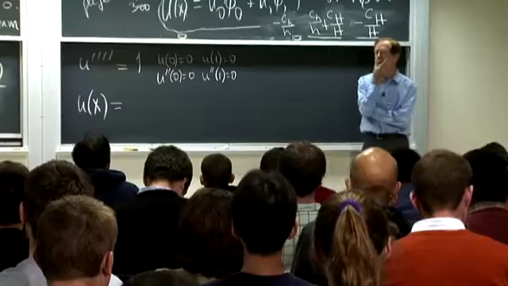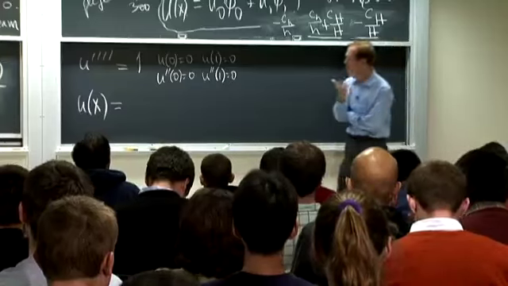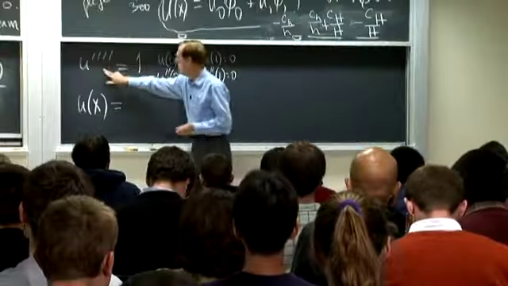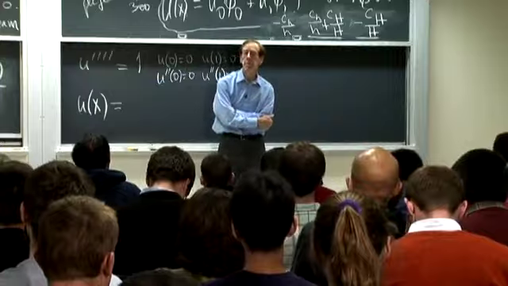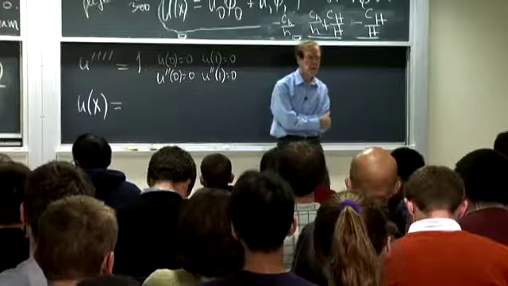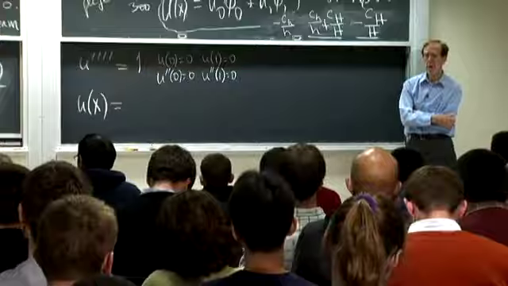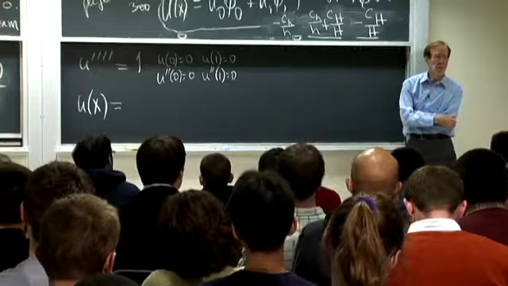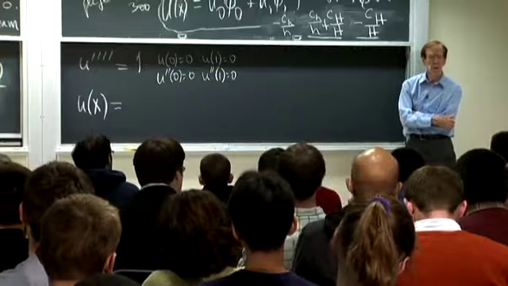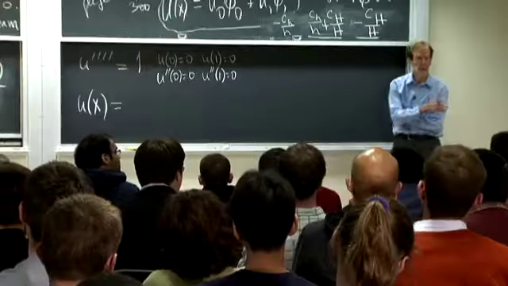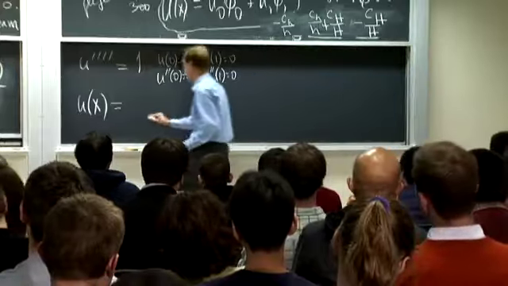So what's one particular solution? What's one function whose 4th derivative is 1? What am I looking for here? 1/4 of x to the, no, what? 1/24th? 1/24th of x to the 4th?